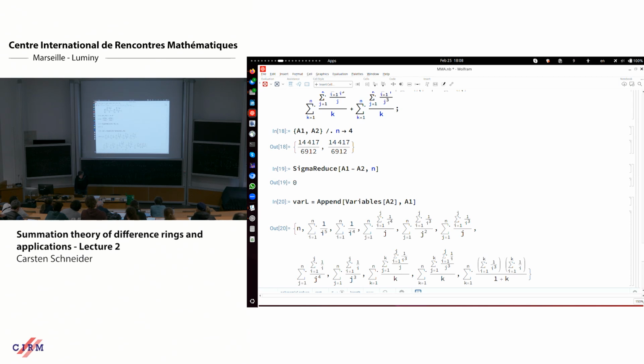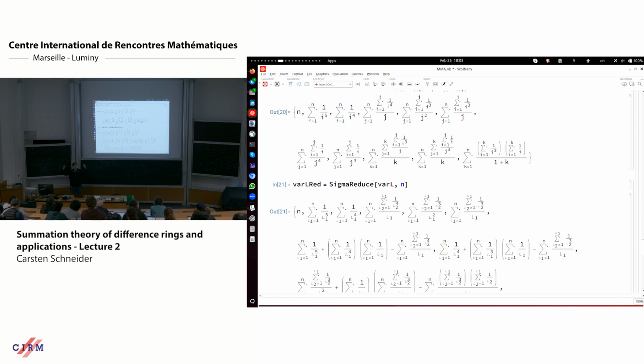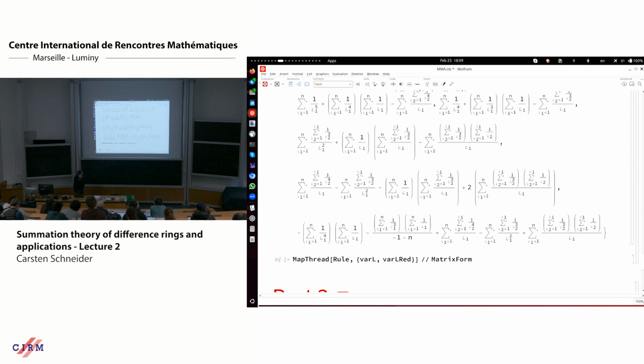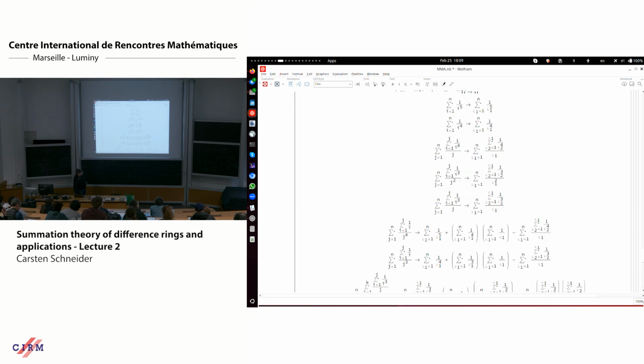And if I now apply SigmaReduce, it doesn't collapse, but I find all the relations. So you see, if I do that, well, n is mapped to n, and in this order the tower was built. And you see, suddenly we get relations. This sum can be expressed by these sums that I have already put in my tower.